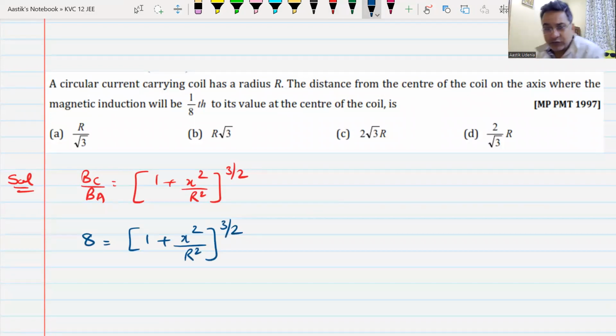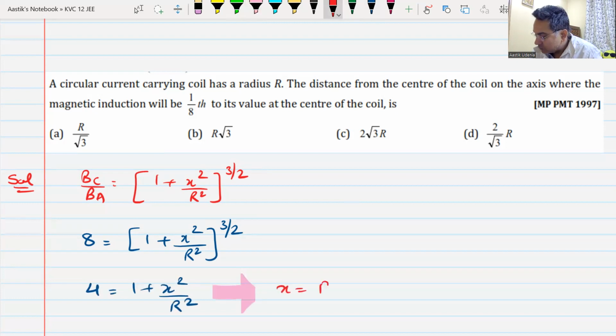So I take 3 by 2 on that side, it becomes 2 by 3. Cube root of 8 is 2, and its square is 4. So 4 will be equal to 1 plus x square by r square. Yes or no? From there, you will get the value of x as r root 3. Everyone understands this?